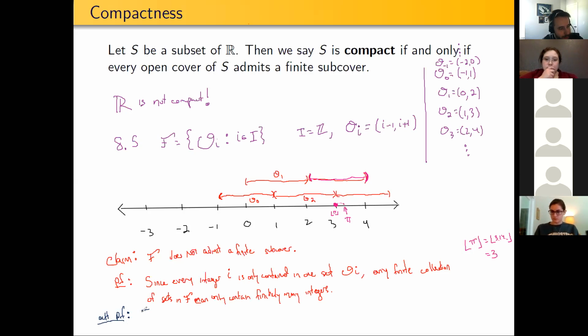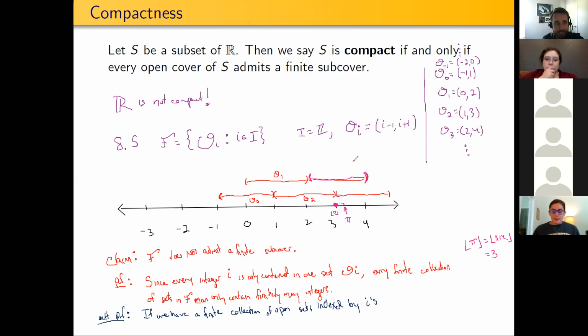Every, I want to say it this way, if we have a finite collection of open sets indexed by i's, right?